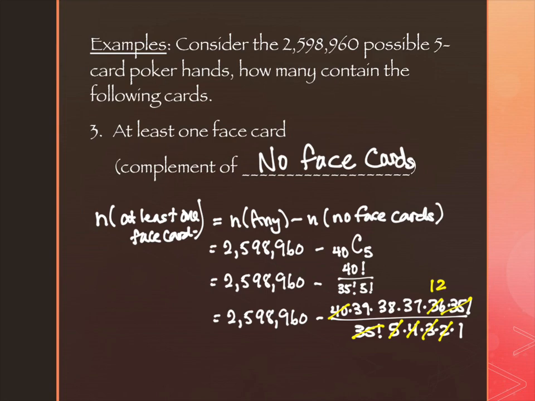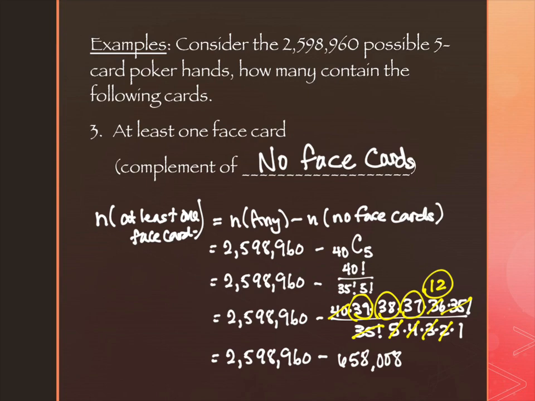Okay, so we're going to have the same 2 million number at the beginning. And then I need to multiply, let's see, what do we have? We have 39, 38, 37, and 12. What do you get if you multiply those together? 39, 38, 37, and 12. 658,008.